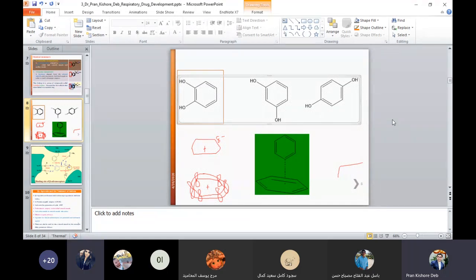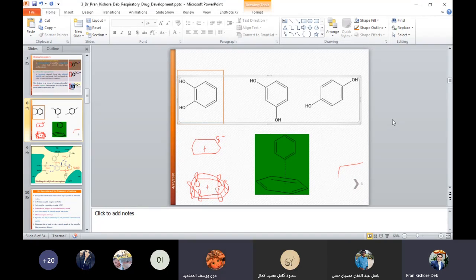See, in the three-ring system, all of them have an OH, right? But the enzyme catechol O-methyl transferase, COMT, can only act on the first benzene ring because the OH is in the form of catechol.